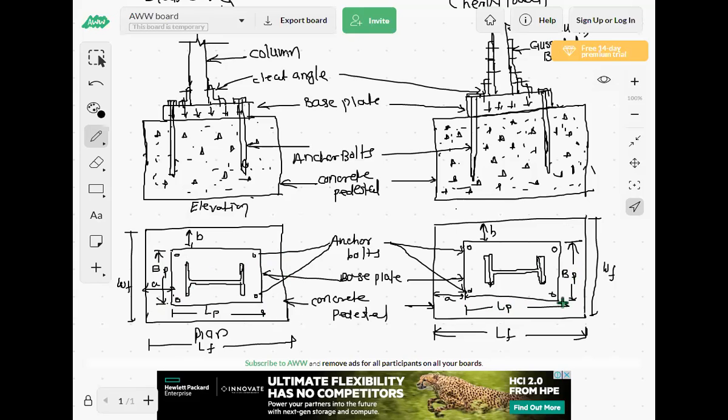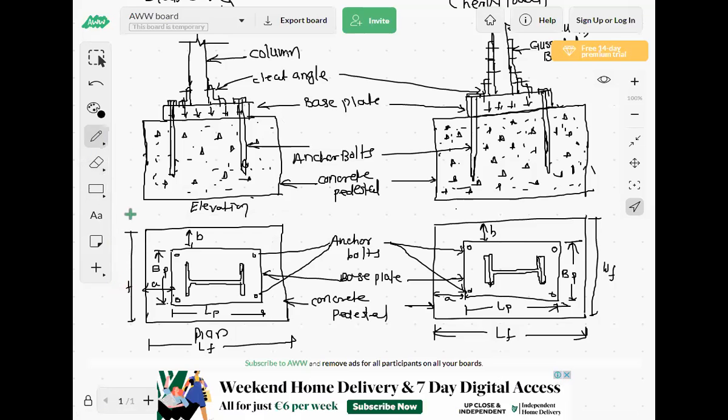LP is nothing but the length of plate and BP is nothing but the width of plate. LF is the length of foundation and this WF, or we can call it BF also here. This capital BF is the width of foundation.